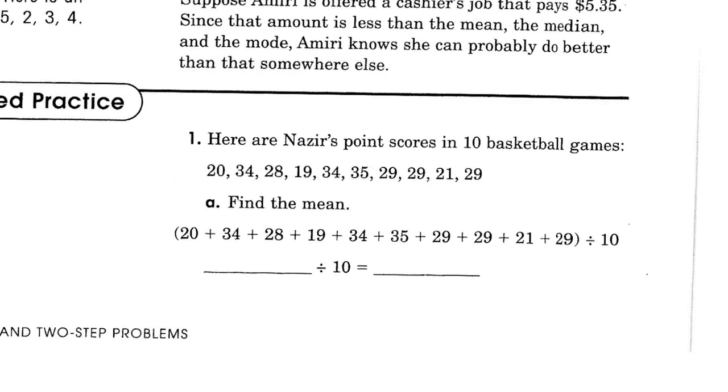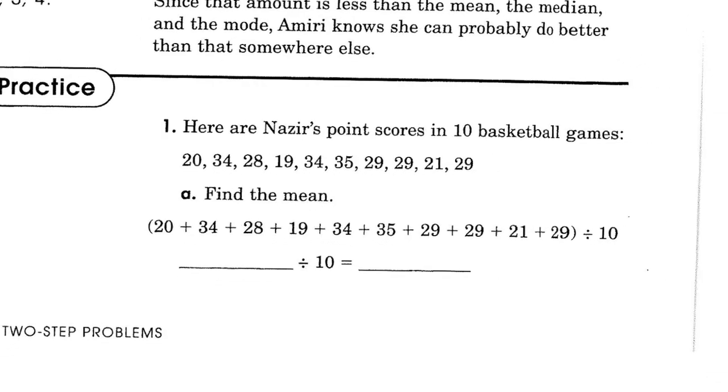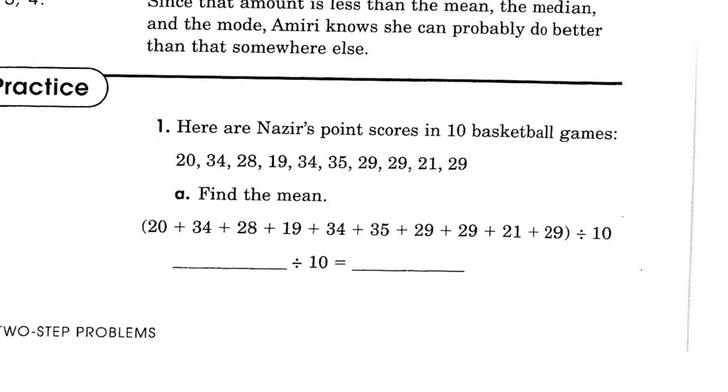Now, here are Nazir's point scores in 10 basketball games. First one says to find the mean. In order to do that, we have to add up all of these numbers and then divide by 10. When you are finding the mean and you add a big long list of numbers, I like to do it at least twice.